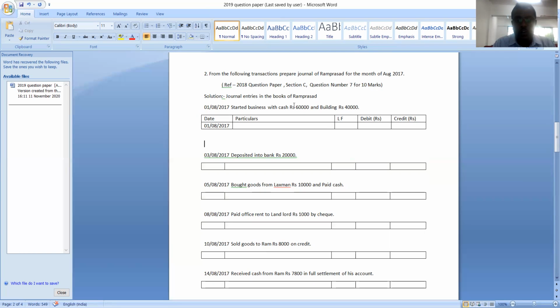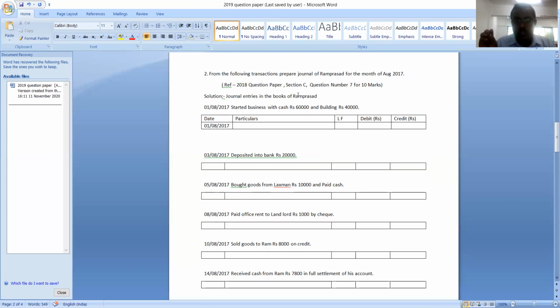First, we need to find out the accounts in a transaction. Here, we are directly finding two accounts: one is cash account and another is building account. Ram Prasad has started the business, so he has invested 60,000 rupees in the form of cash and 40,000 rupees in the form of building.